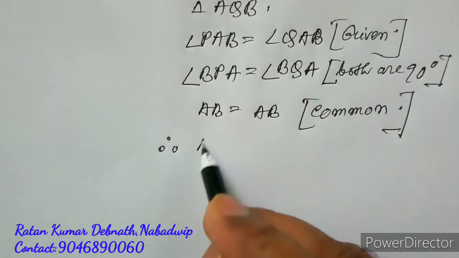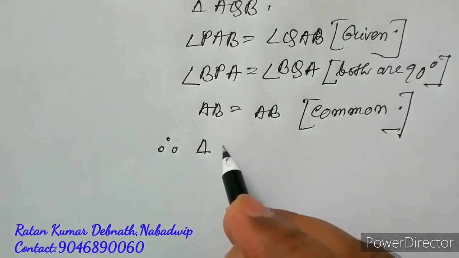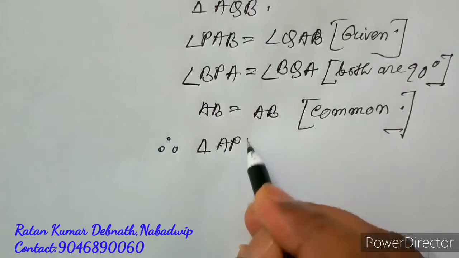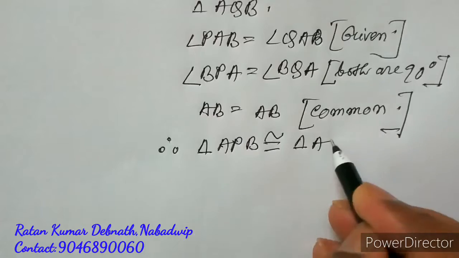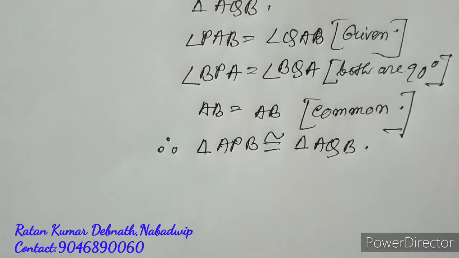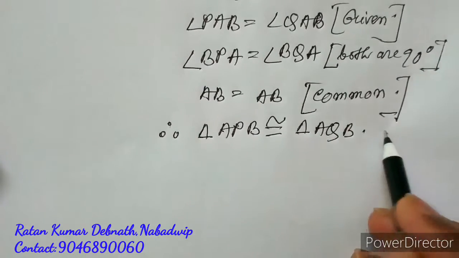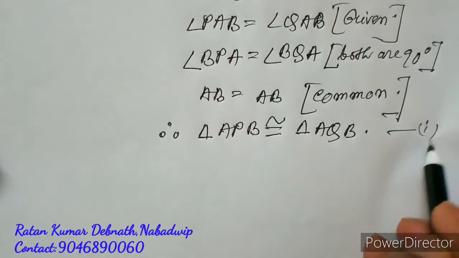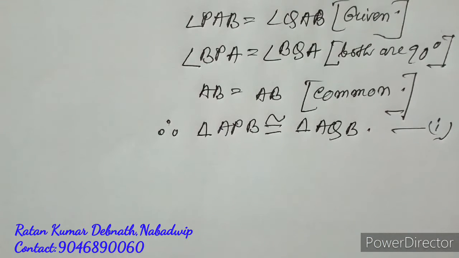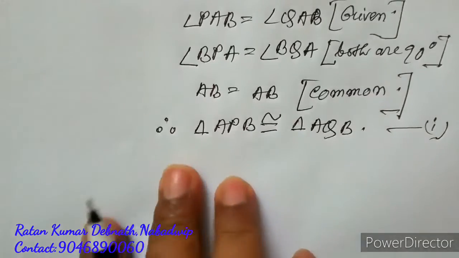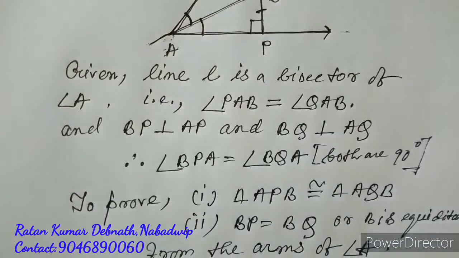So triangle APB congruent to triangle AQB. So our first proof is completed. Now we have to show that BP equal to BQ.